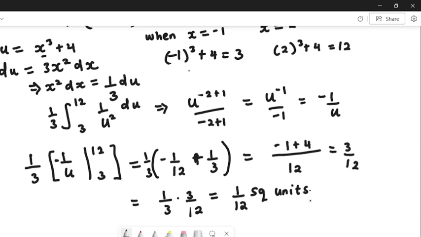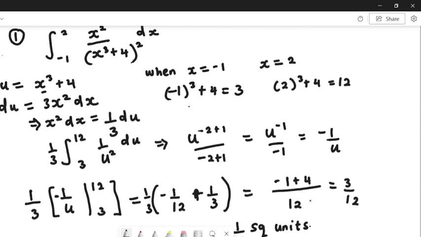Another thing: if you don't want to change the limits, remember here we changed our lower and upper limits, you can decide not to change them and remain with -1 and 2. That means wherever we have a u after this substitution, you substitute back x cubed plus 4.